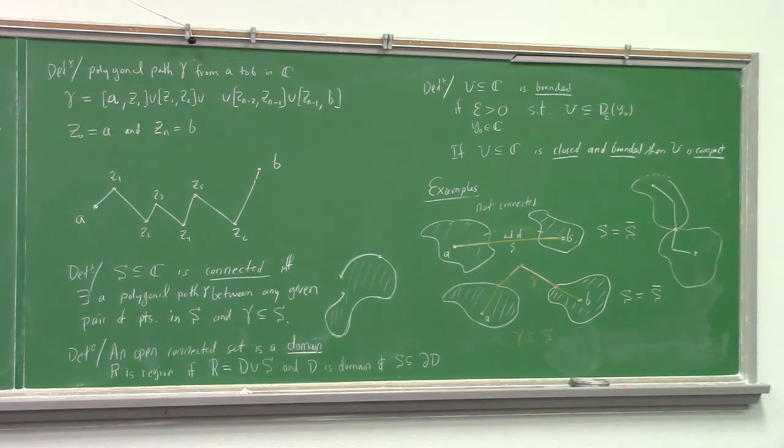A domain has a fuzzy edge if it's finite. A region can have a completely solid edge, or a partly solid edge.